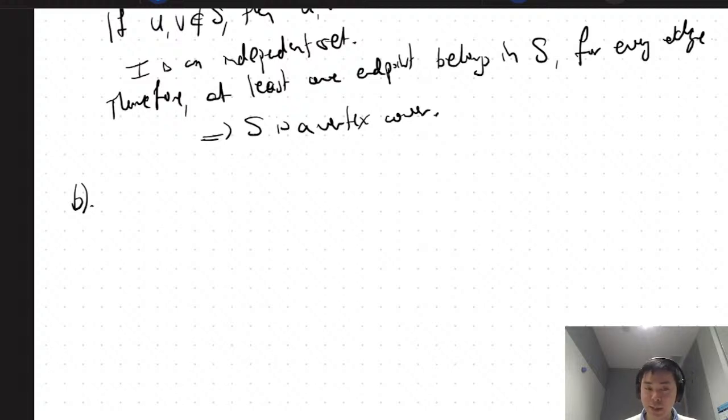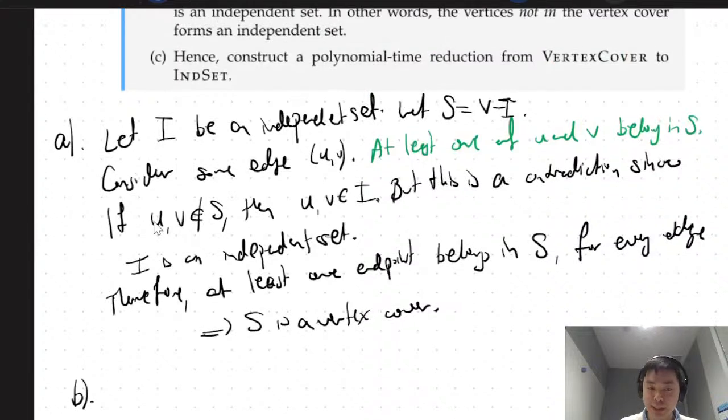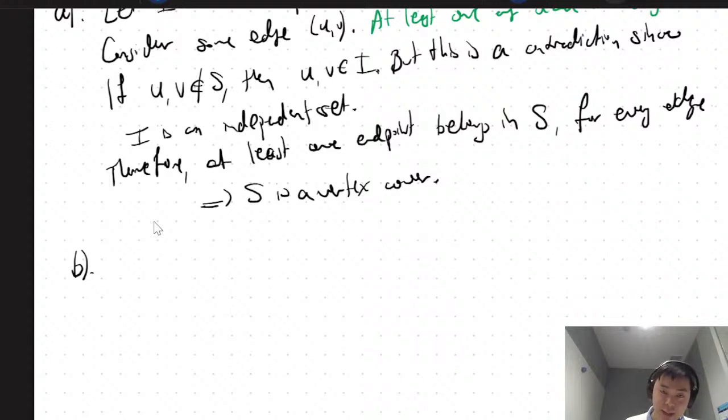Yep, so the edge needs to be covered. So this is true for every edge, so every edge needs to be covered. So in fact, my set itself is a vertex cover. Okay, so we can quickly prove the second direction. Now I'm given a vertex cover, and I want to show that the complement of my vertex cover is actually an independent set.